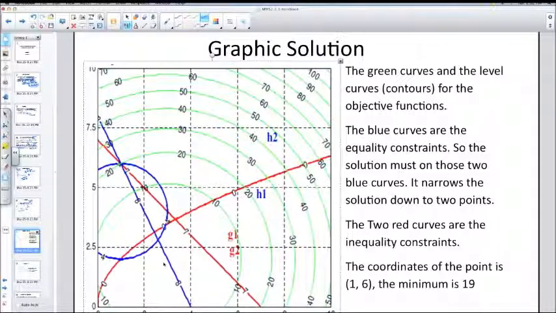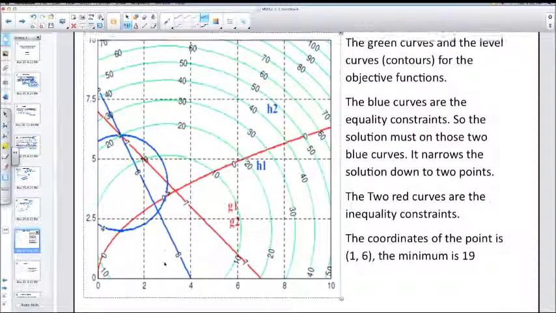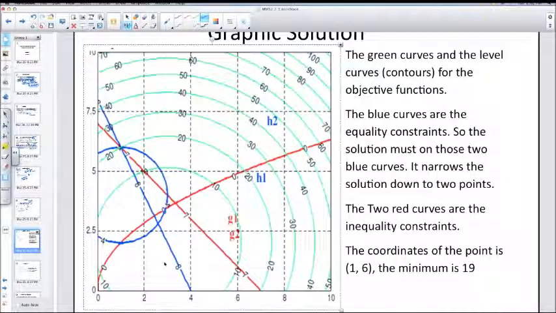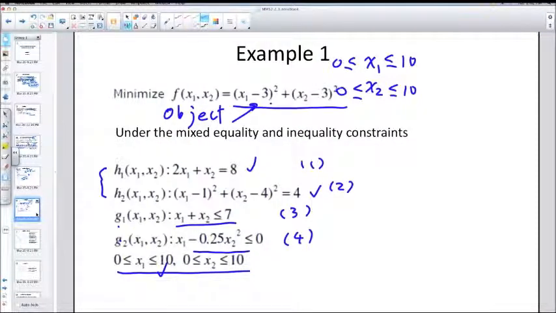Let's look at the solution. It was easy because it's 2D. I can sketch it. The two blue curves are the constraint equations. See, the first one is a straight line. That's H1.